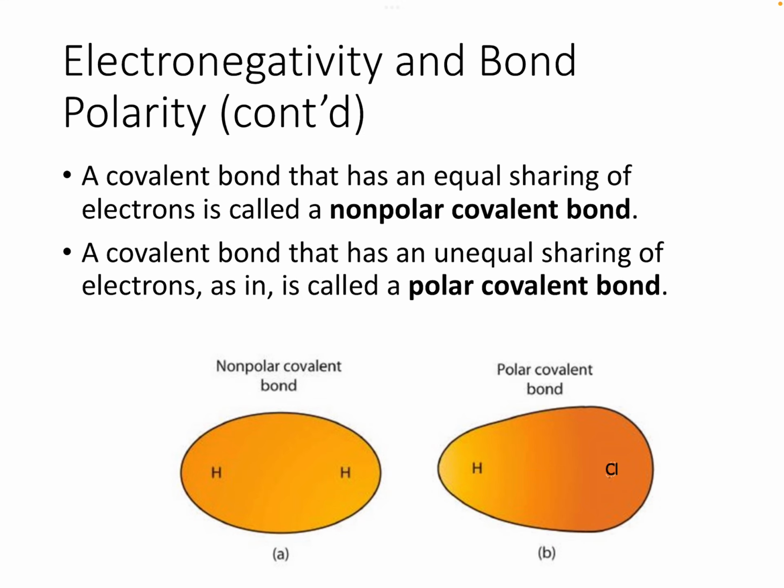All right, so again, a covalent bond that has an equal sharing of electrons is called a non-polar covalent bond. And then a covalent bond that has an unequal sharing of electrons is called a polar covalent bond.